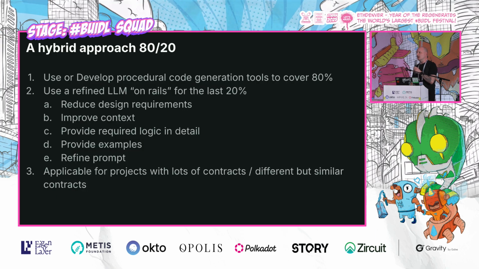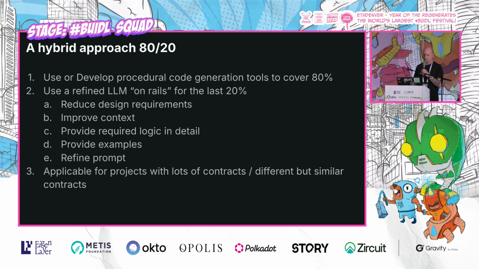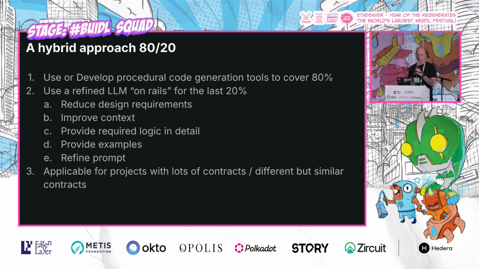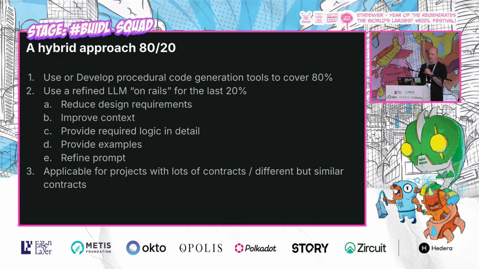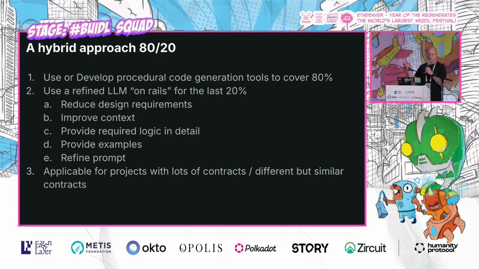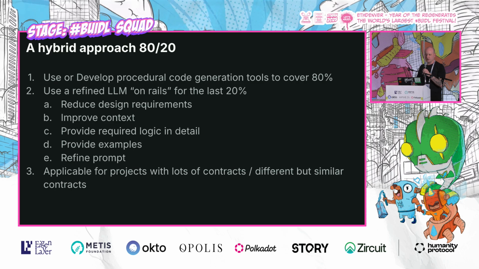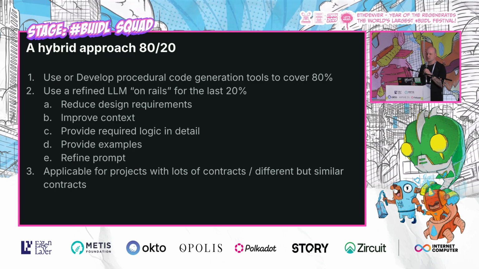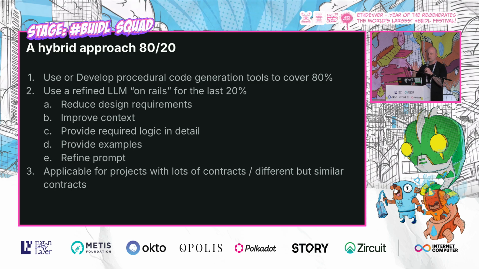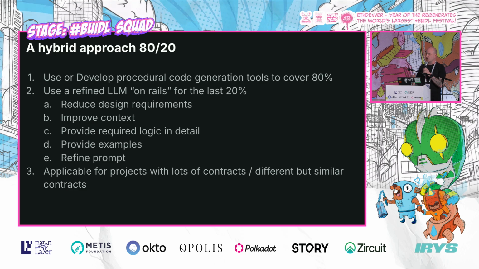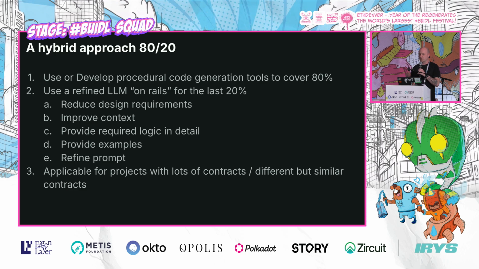So I'm going to propose today that people consider a hybrid approach. All right, I'm going to call this the 80-20 approach. I'm going to say that you should either use an existing library or existing software, or, if it's really custom, develop procedural code generation that does about 80% of what you need done. Let's say you're an app and you're going to need 40 different smart contracts.